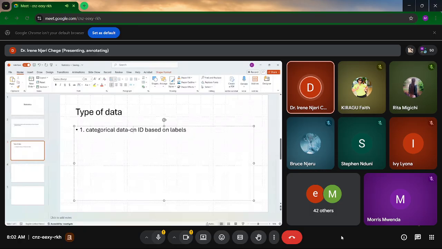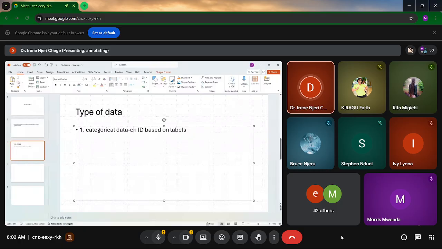So what is numerical data? Here, we can divide it into two. The fact that it is numerical means it is numbers. How do we divide it? We say it is either discrete data or continuous data.